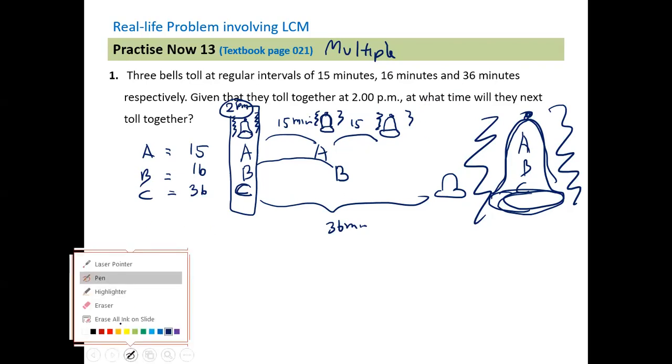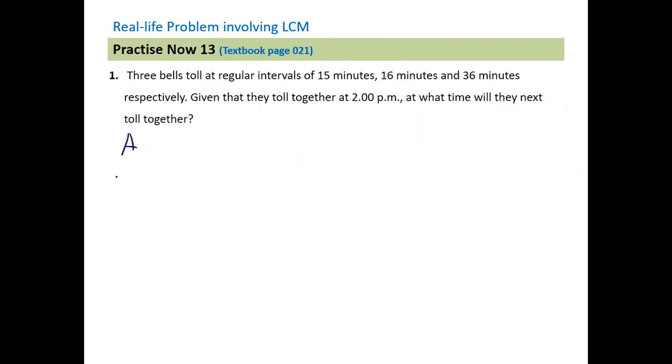So you have to find the LCM. Bell A, bell B, bell C: 15, 16, 36. What can you do on 15? Prime factors: 3 power 1 times 5 power 1. How about 16? I just get 2 power 4.